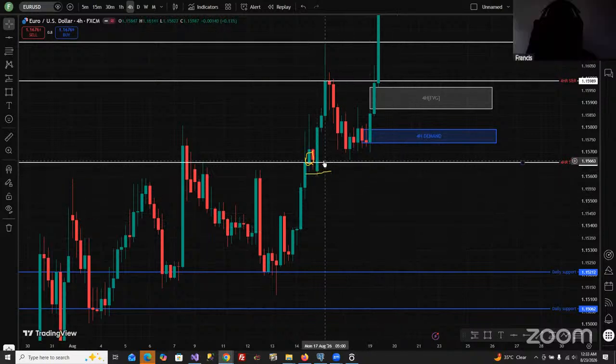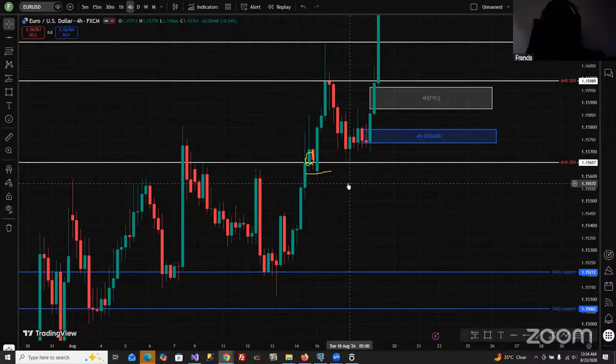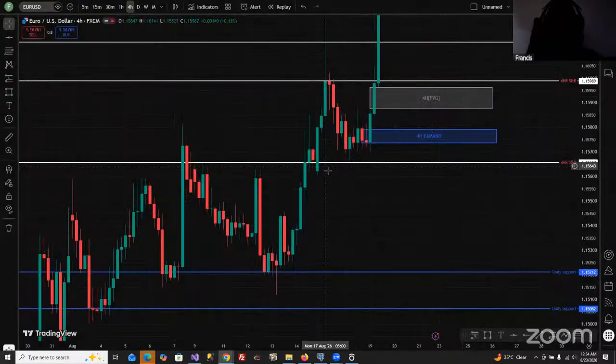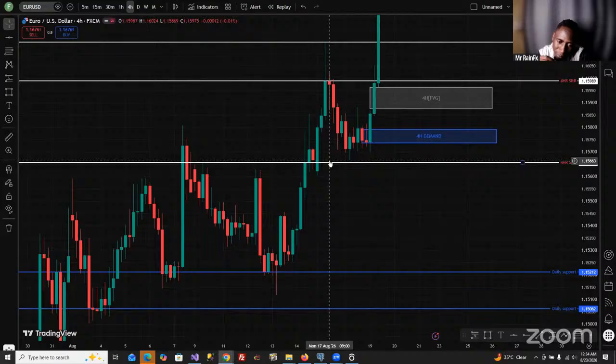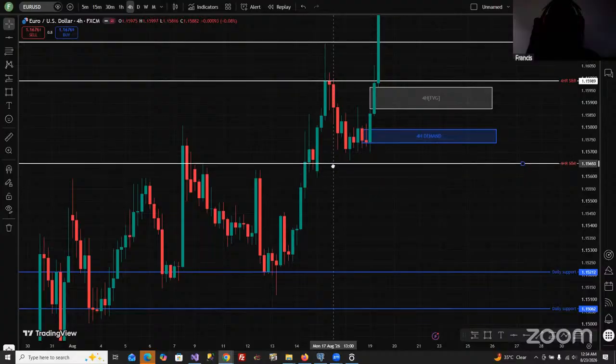Now, I have a question. Why is it supposed to be here? Mr. Rain, is it supposed to be there where I've drawn it, or here down? And why not here? What is the difference?